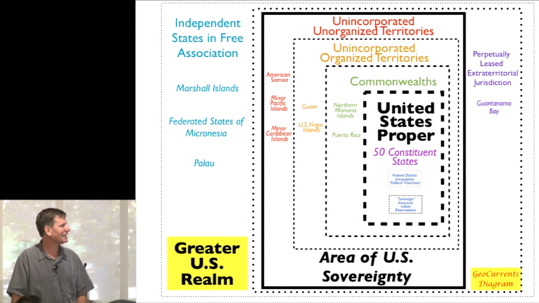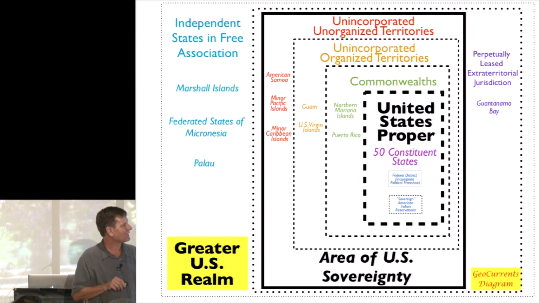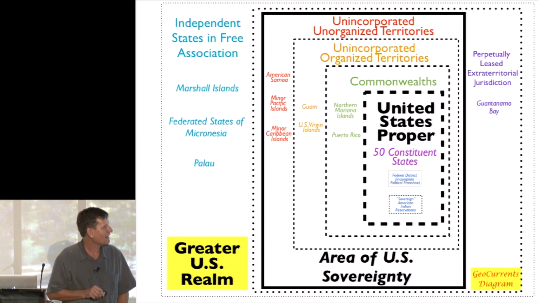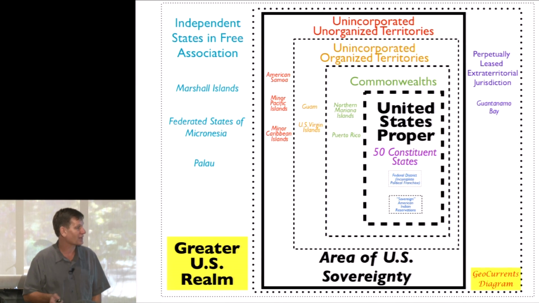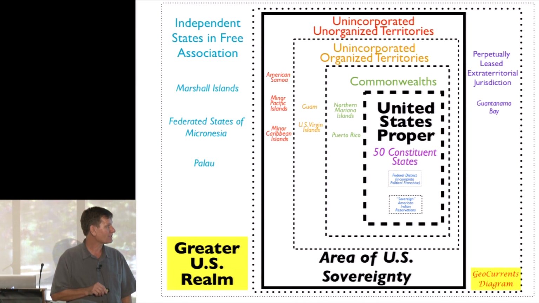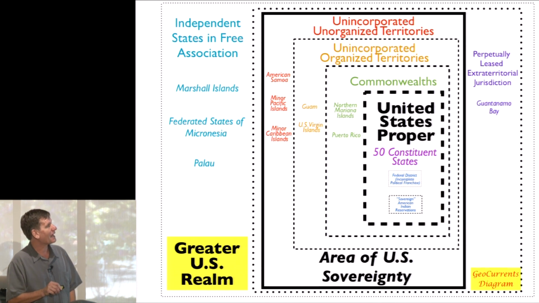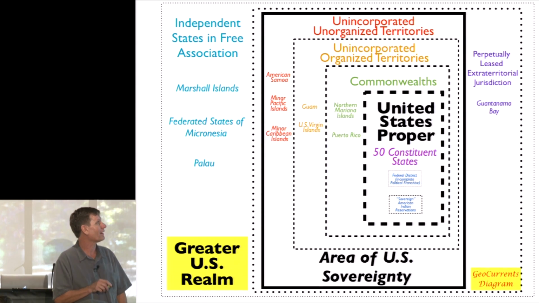So actually, if you want to look at the United States, we can sort of diagram it like this. You got the United States proper with its 50 constituent states, but then we got the District of Columbia with incomplete political franchise, no senators. We have sovereign, I put in quotes, American Indian reservations. Then outside of that, we've got commonwealths, ambiguous situation, Puerto Rico and Marianas.